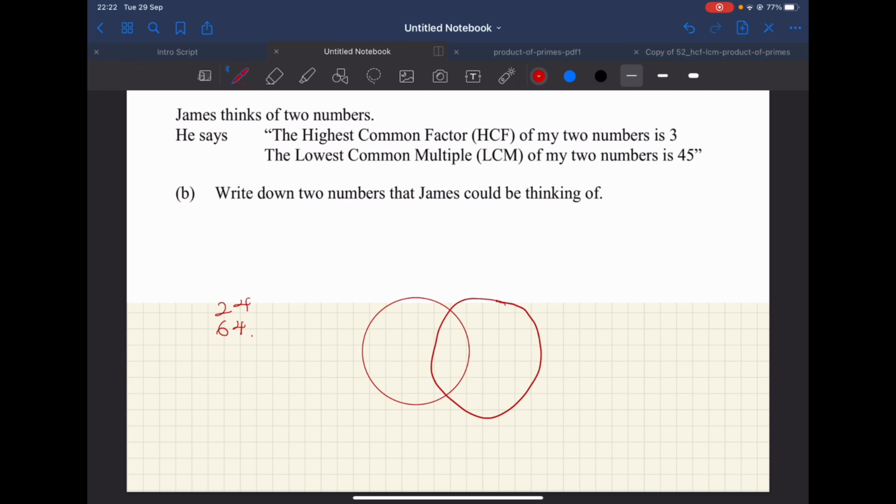So the highest common factor is what they have in common. This is 2 to the power 3 times 3. And this is 2 to the power 3 times 2 to the power 3. So what they have in common is 2 to the power 3. And so we write the rest outside, 3 and 2 to the power 3.